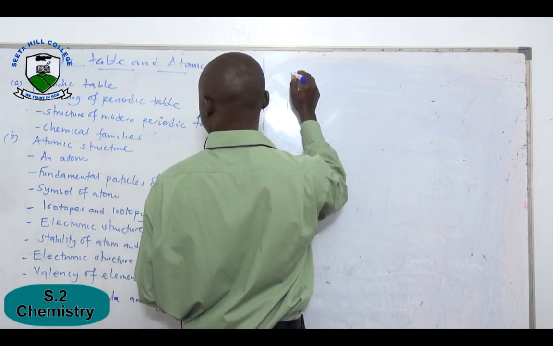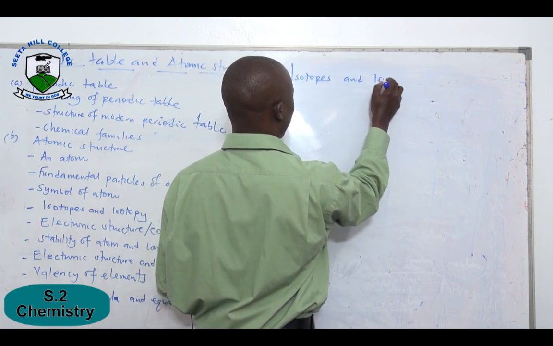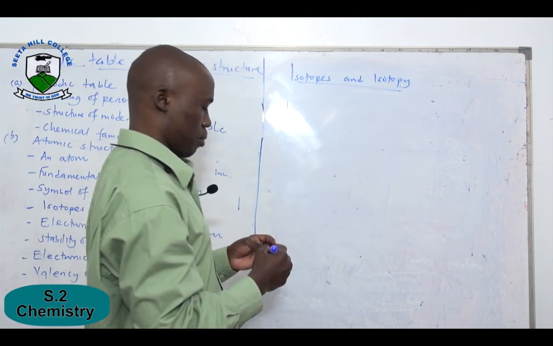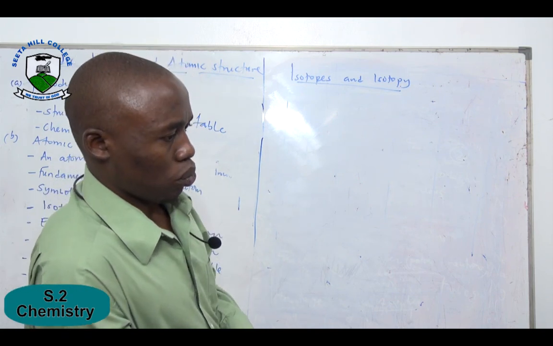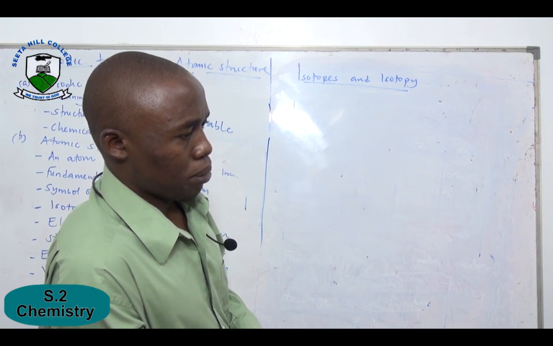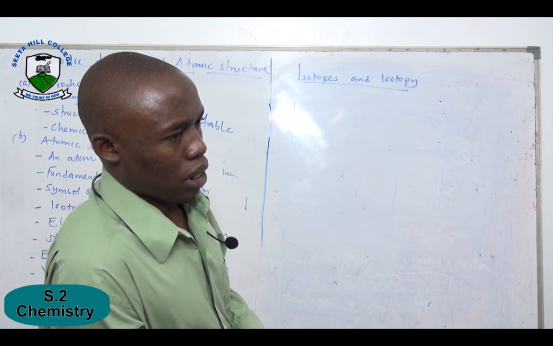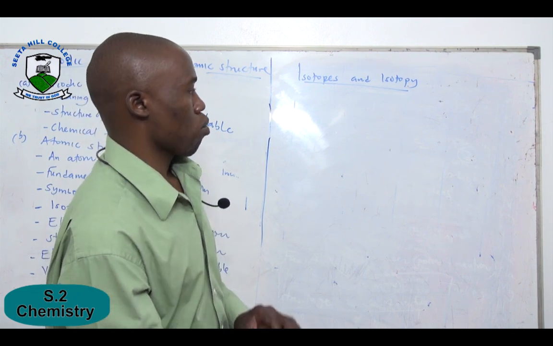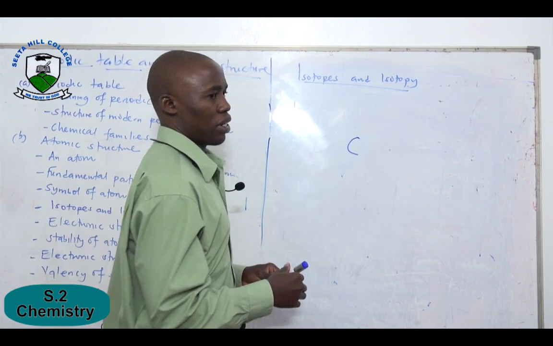Now, isotopes and isotopy. You see on Earth here, you can find chlorine, you can find certain elements which have more than one atom representing them.